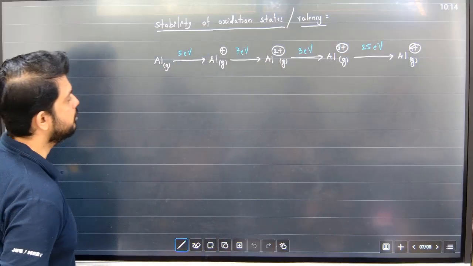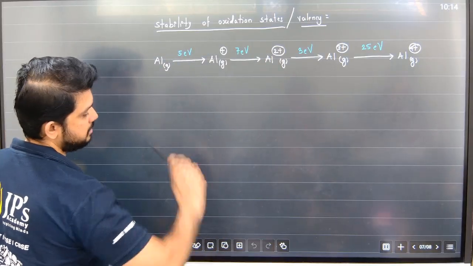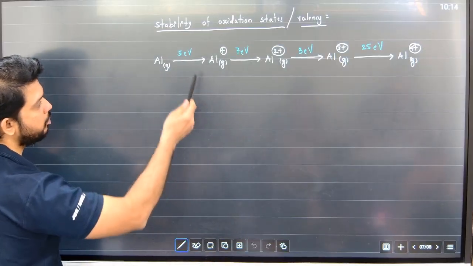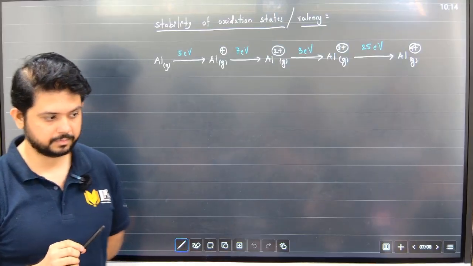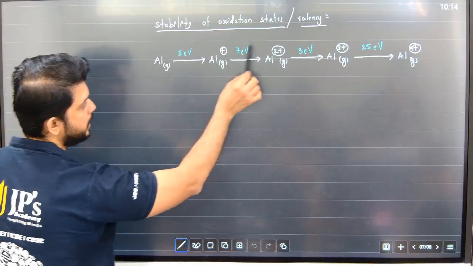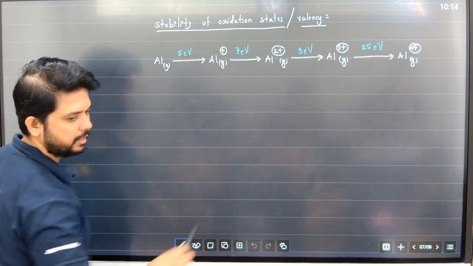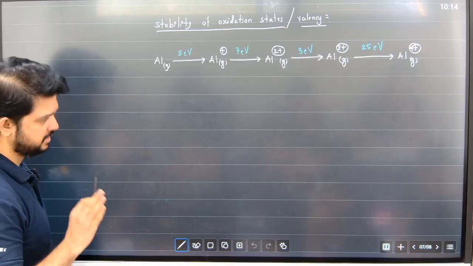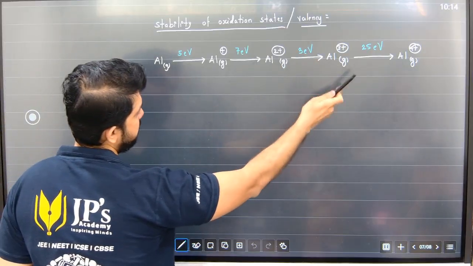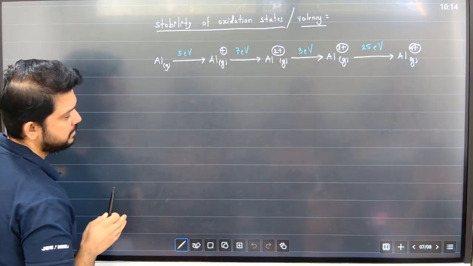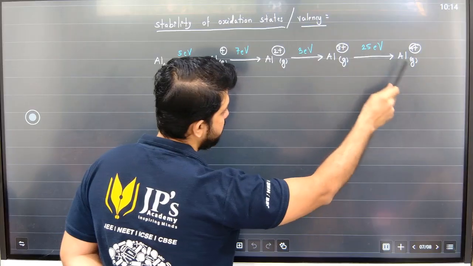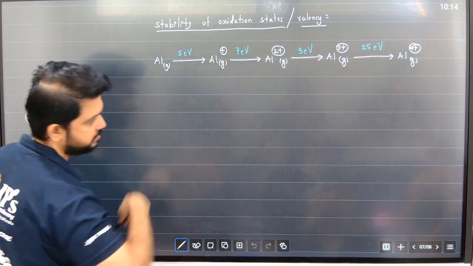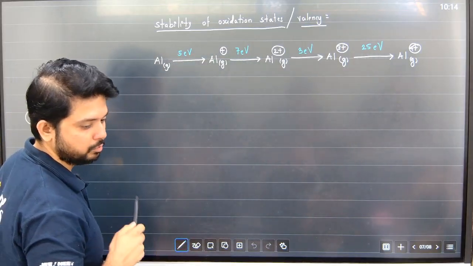So let's say I'm going from aluminium to Al plus. To remove that one electron, the amount of energy required was 5 electron volts. To go from Al plus to Al2 plus, the amount of energy required was how much? 7. To go from Al2 plus to Al3 plus, it is 3 electron volts. But to go from Al3 plus to Al4 plus, how much energy was required? 25 electron volts.